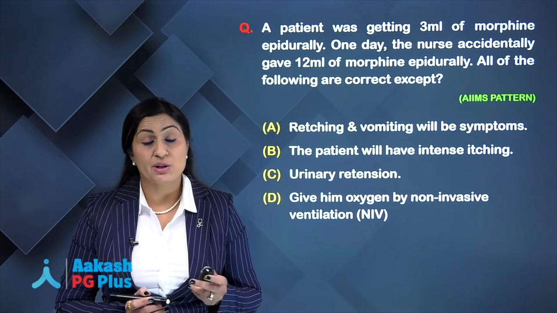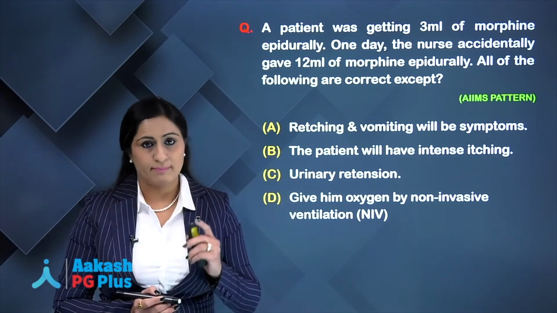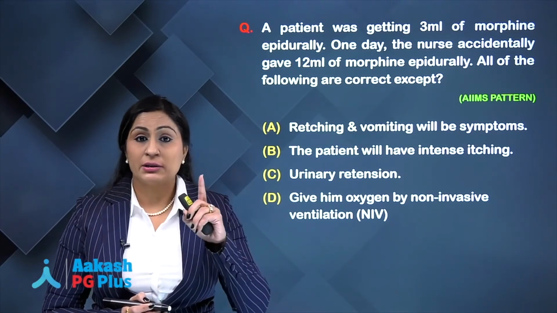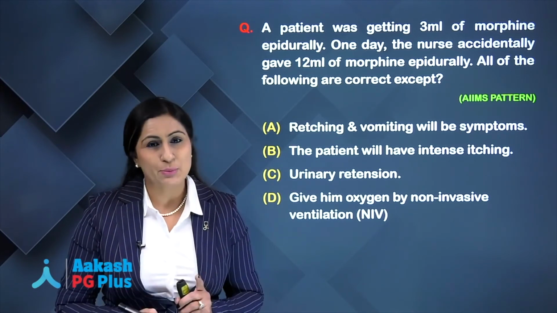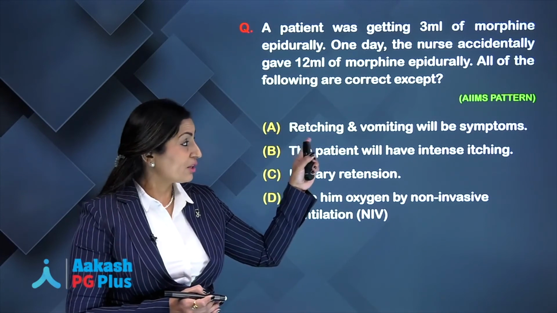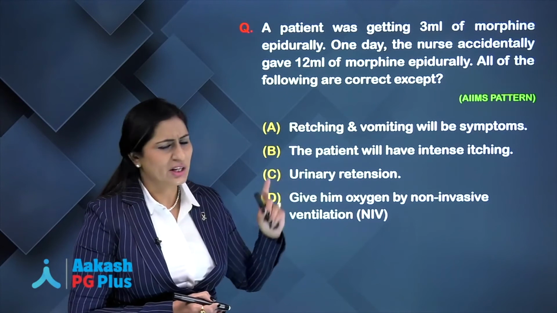Now this patient will have nausea, vomiting. Yes, because opioids act on the CTZ in the brain, which can directly get stimulated by the epidural morphine, right? So retching and vomiting will be the symptom. Patient will have intense itching.